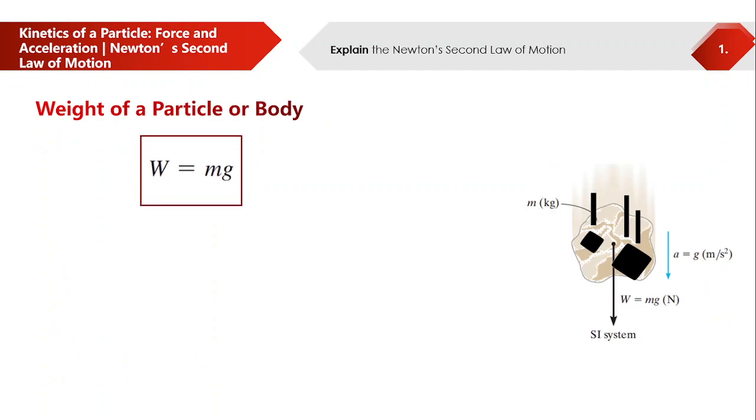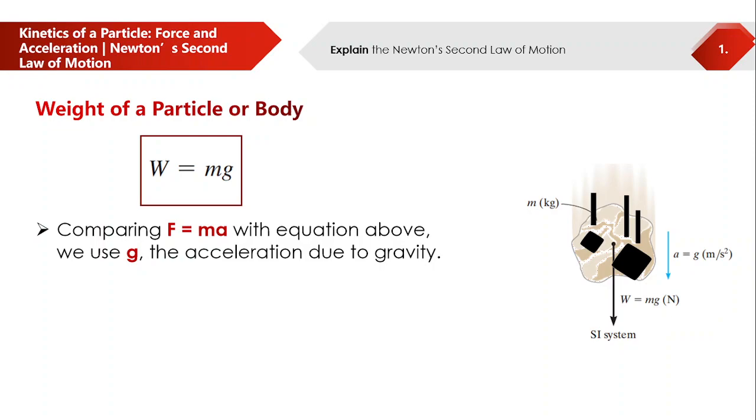So, weight of a particle or body, we all know that it is computed by W is equal to mass times the gravitational acceleration. Comparing F is equal to mass times acceleration with the equation above, we use g, the acceleration due to gravity. Kumbaga, ito lang yung weight, kung paano i-compute yung weight.